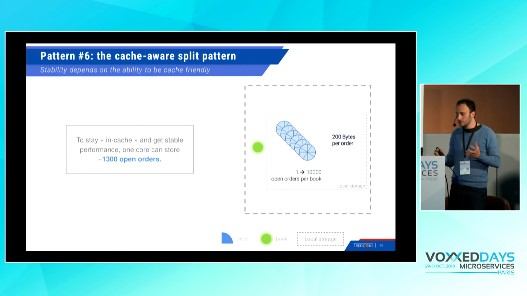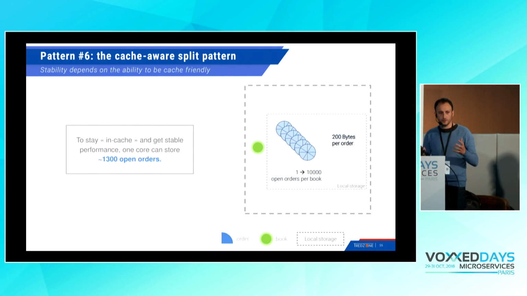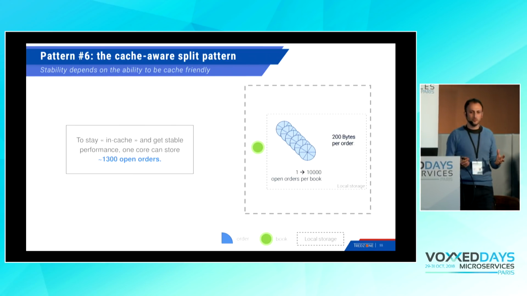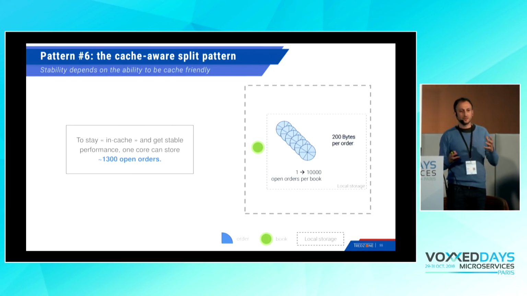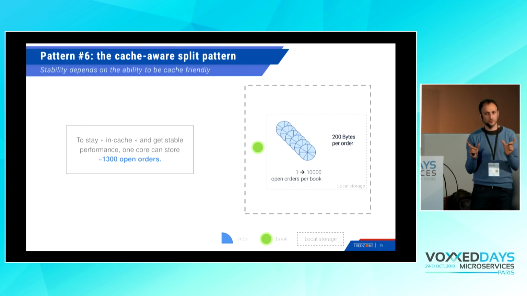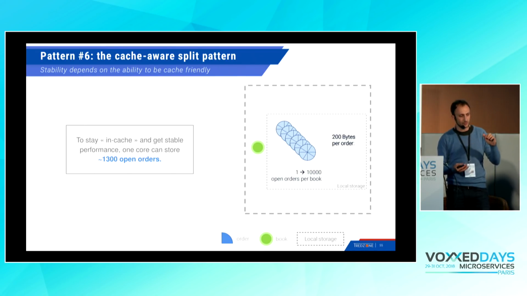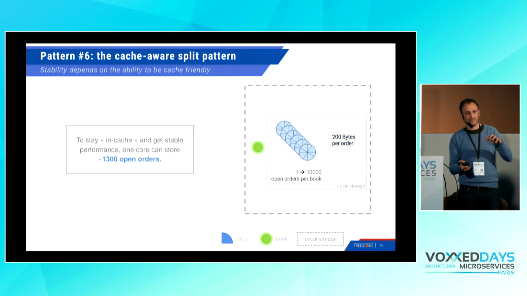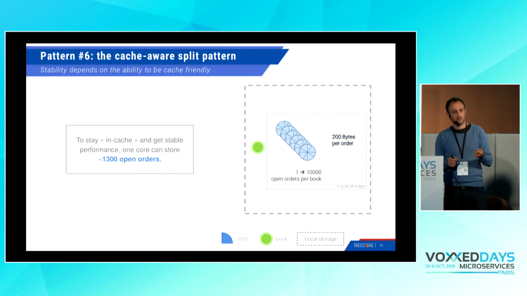What could be a pattern for trying to avoid or to optimize the performance? Again, the issue with performance is the fact that you have a lot of cache coherency, meaning communication between cores. You need to avoid that, and you need to avoid using a lot of cache inside your core because you want to avoid cache misses.